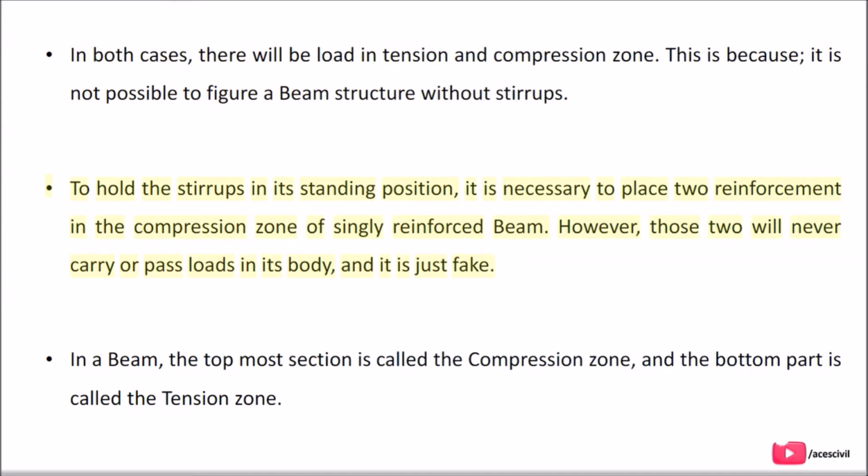To hold the stirrups in their standing position, it is necessary to place two reinforcements in the compression zone of a singly reinforced beam. However, those two will never carry or pass loads in their body, and they are just fake. In a beam, the topmost section is called the compression zone, and the bottom part is called the tension zone.